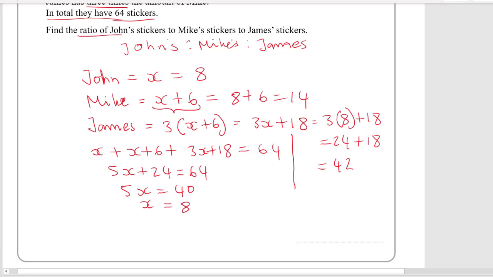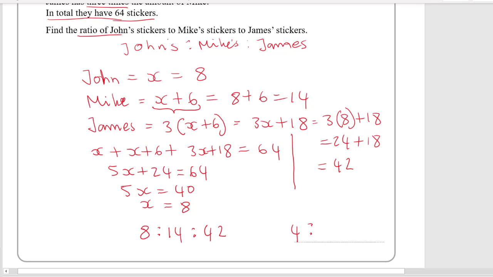We've got the numbers now. Let's write it as a ratio. So we have 8 for John, to Mike's 14, and James has 42. So 8 to 14 to 42. You can simplify it. It doesn't say in the question you need to give it in simplest form, but you can still go ahead and simplify.